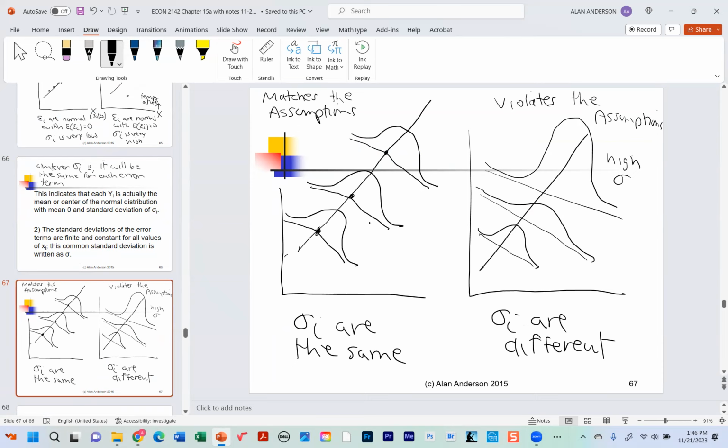This one has a very low standard deviation. So here they're all different, and this is exactly what we don't want. Okay, the one on the left is fine. That's exactly what we're hoping to see. The one on the right is a nightmare. We don't like that one because it'll affect our results.